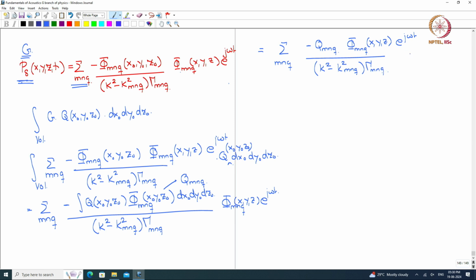So how does this look? We have just performed this integral.